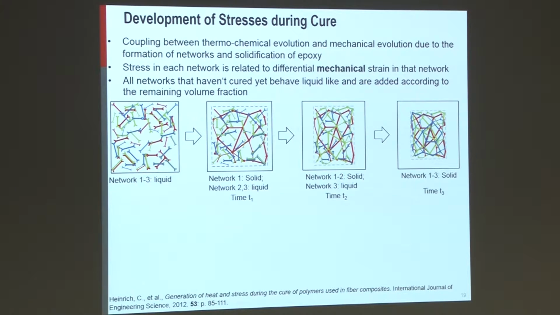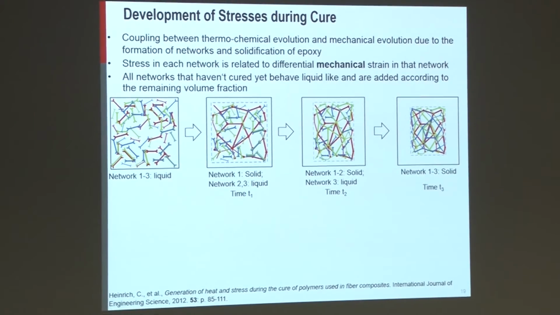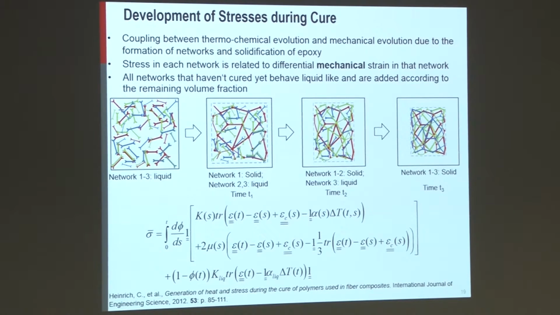Now, of course, in a polymer, it's not just one network that forms. There can be a zillion networks that form during the curing process. So it has to be a continuous process, and we account for that by integrating the rate of cure and accounting for the development of bulk modulus and shear modulus with the degree of cure.